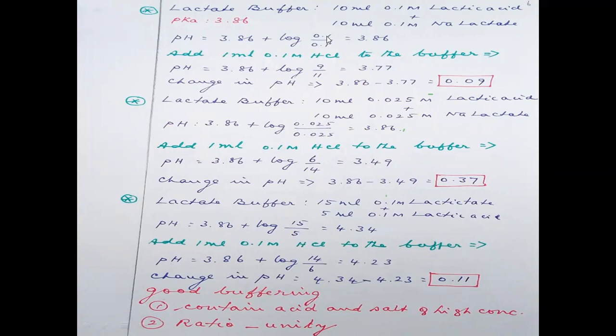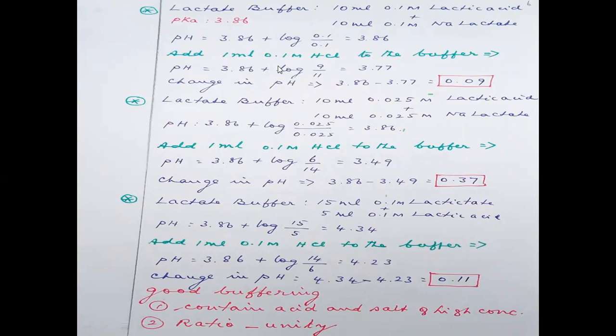The 0.1 concentration is directly taken because both are equal volumes. Even if you multiply volume and concentration, these two factors get cancelled. So log 1 is 0, and the pH is 3.86.